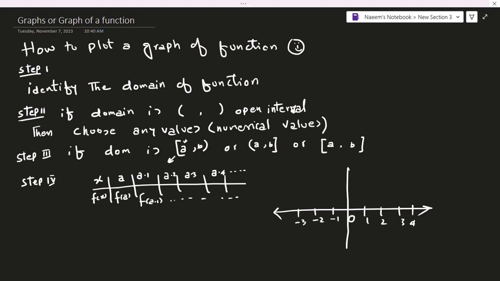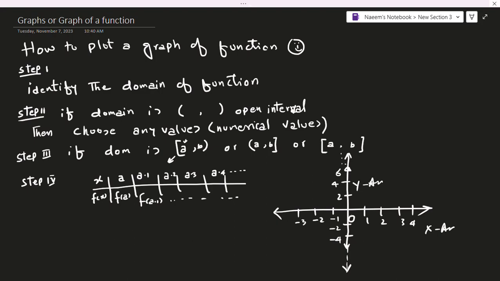On the upper y-axis or below the x-axis, these values can be 2, 4 as per your requirement, 6, and so on. On the same lines, -2, -4, and so on. This is your x-axis, this is your y-axis.